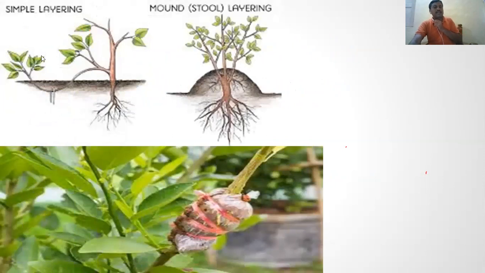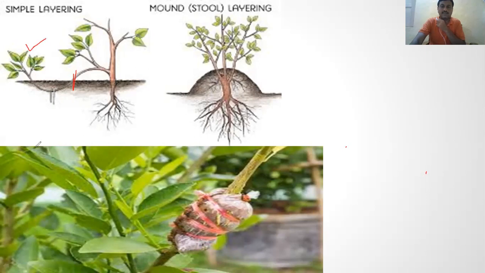It is the upper side. It is the simple layer. The branch gets bent down and develops roots, then they cut these portions from the mother plant. And they develop new offspring of the plants.